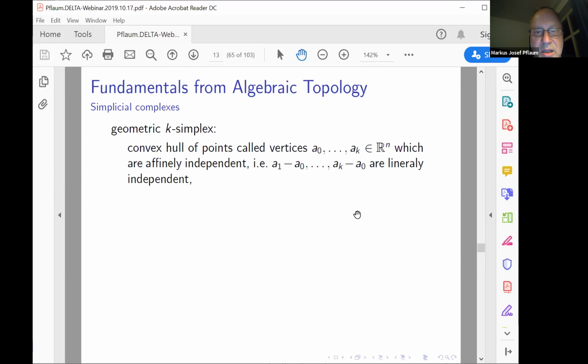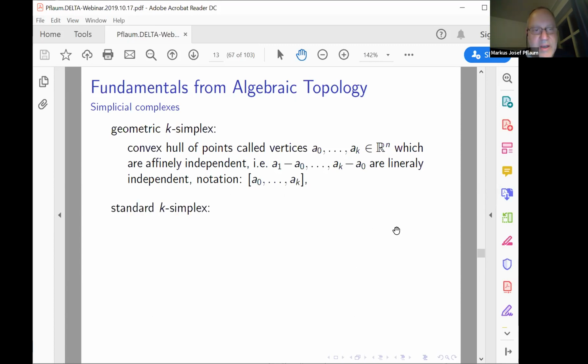Then you take the convex hull of those k plus 1 points, and what you get out is a so-called geometric k-simplex. I will later give you pictures, but for now let's have this abstractly. We denote this by the k plus 1 tuple [A0, ..., Ak] in square brackets.